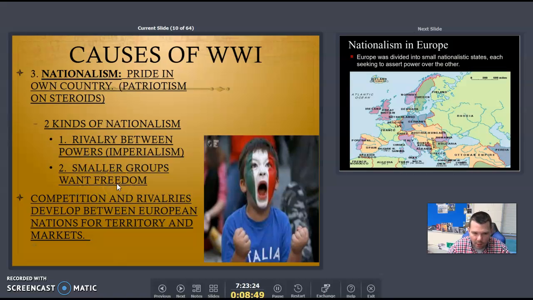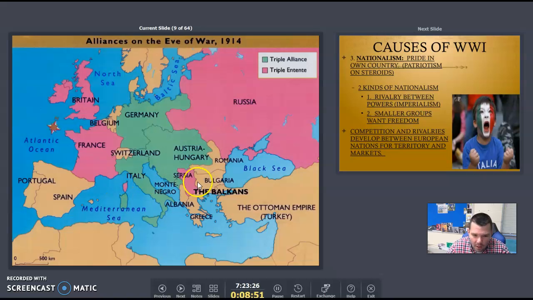I'm going to scroll back really quick to here. Right here in Serbia, you see right where my cursor is located. You have different ethnic groups, and for a while, Serbia is controlled by Austria-Hungary. This is all part of the Austro-Hungarian Empire. And you have people within Serbia that want their independence from Austria-Hungary.